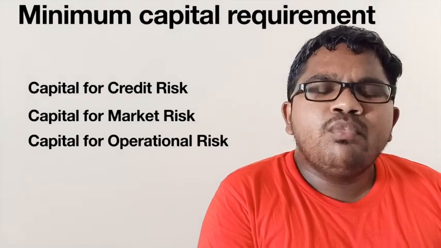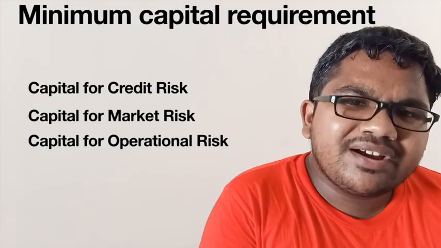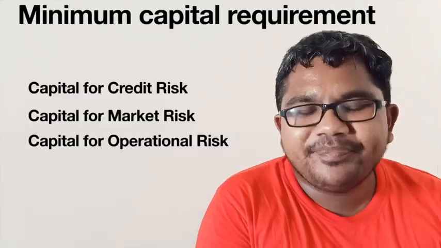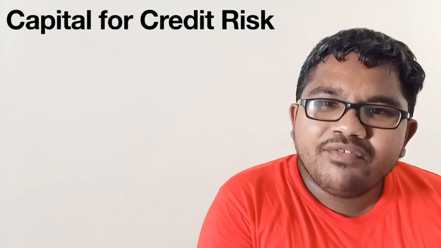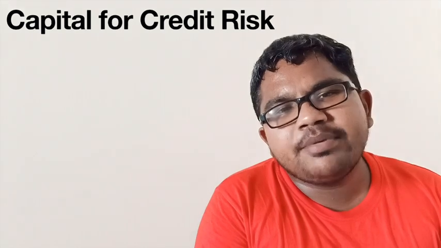Most of the problems and concepts rely on the first pillar of the Basel Accord, the minimum capital requirement. Today we will discuss the minimum capital requirement for credit risk. In the next classes, we will discuss the minimum capital requirement for operational risk as well as market risk.